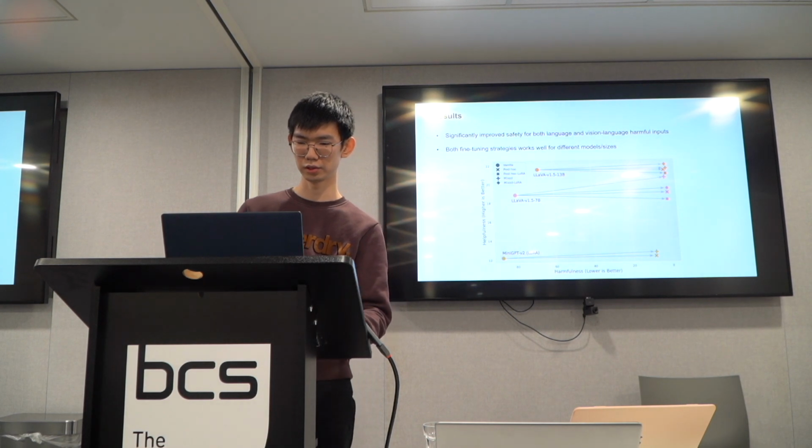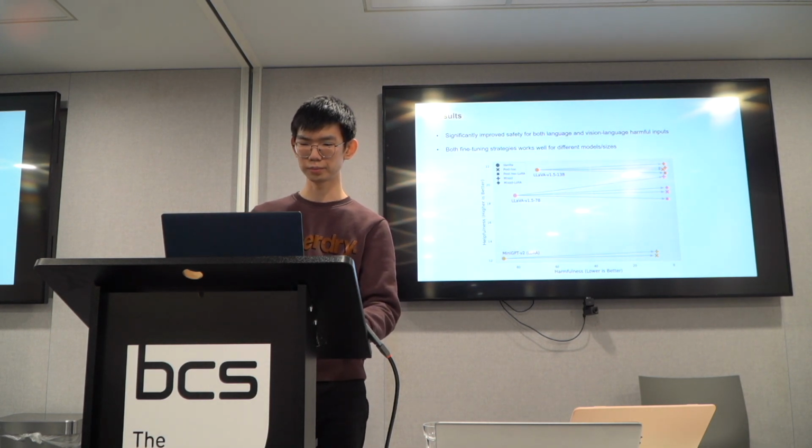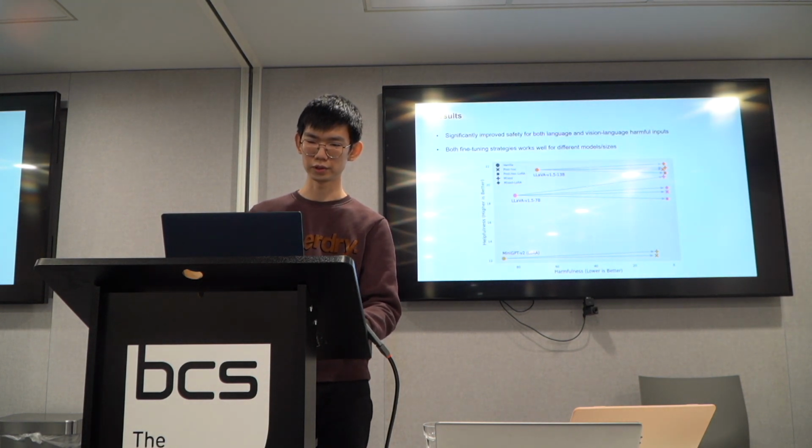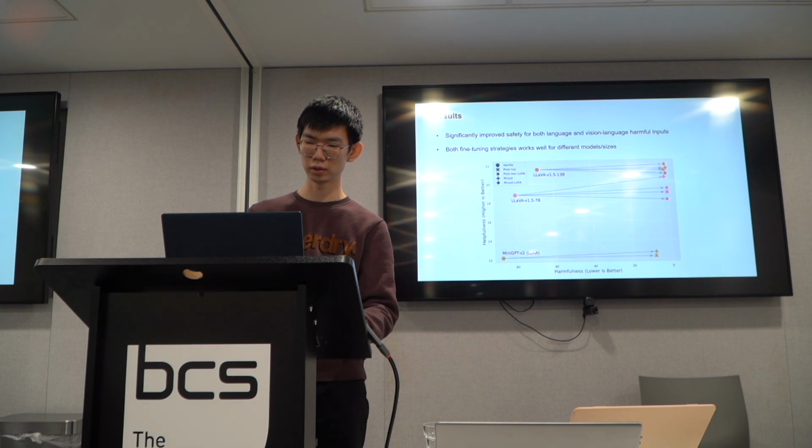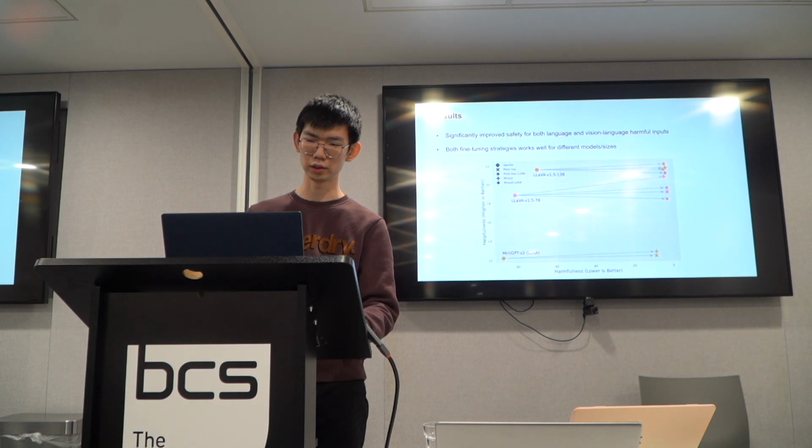The x-axis is the harmfulness, lower is better, so it's on the right side. The y-axis is the helpfulness, higher is better. We want the model to be more harmless while still being helpful, so it can answer your regular questions. As you can see, we significantly reduce the harmfulness from a very high number to close to zero, and also maintain or sometimes slightly improve the helpfulness.